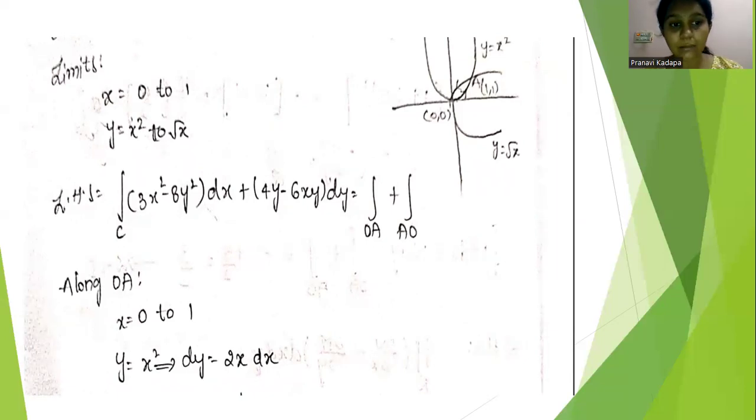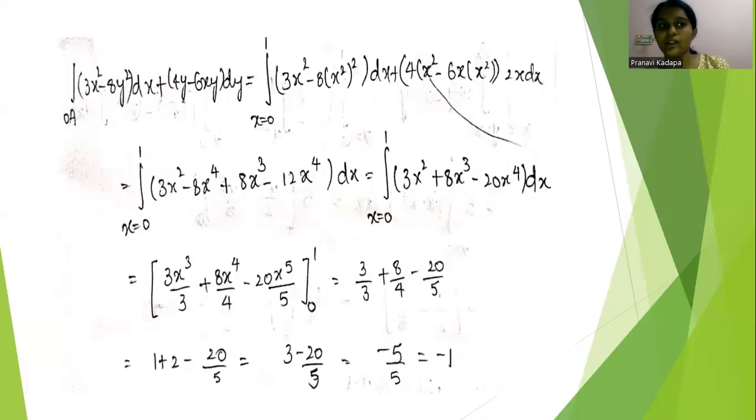According to OA, the limits are x equals 0 to 1 and y equals x squared. We differentiate y and substitute the values in place of y. So along OA, we get the integral for x from 0 to 1 of (3x² minus 8 times x²) dx plus (4 times x² minus 6x² times x) times the derivative.